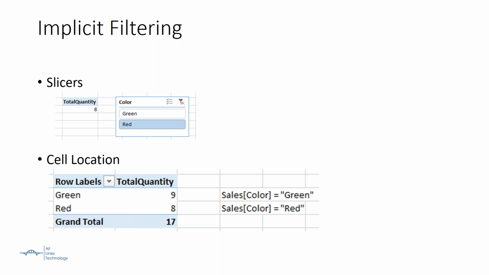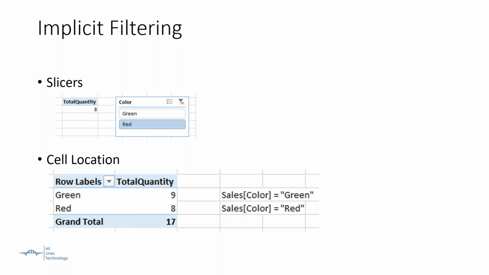And you put color or location into the filter box in a pivot table, and that works the way that you expect it to. Something you may not have ever thought of, and I know I never thought of, is how cell location in a pivot table, or say like bar location for a bar chart in Power BI, also does filtering, and they're functionally equivalent pretty much.